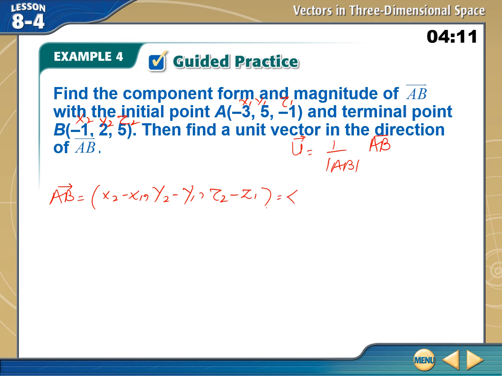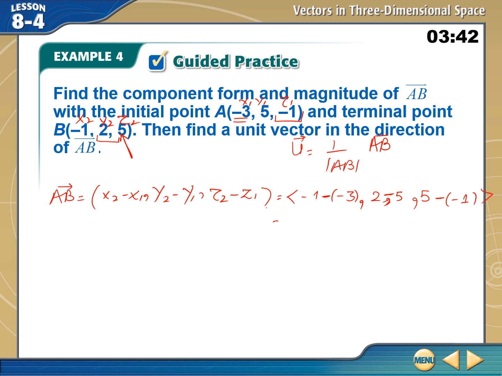So x2 is negative 1 minus x1 is negative 3. Then y2 is 2, minus y1 is 5. Then z2 is here, that is 5, minus z1 is over here, that is minus 1.